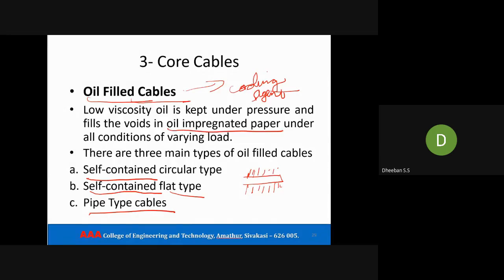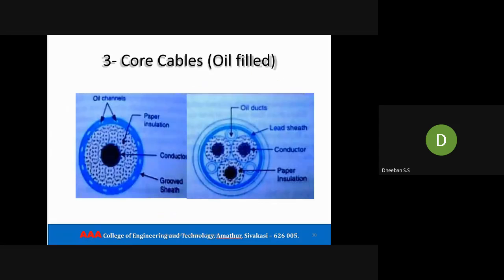They will be making use of oil impregnated papers around it. Here you can see the oil ducts around your cables. As I said, they'll be using this kind of cable at above 500 kV.